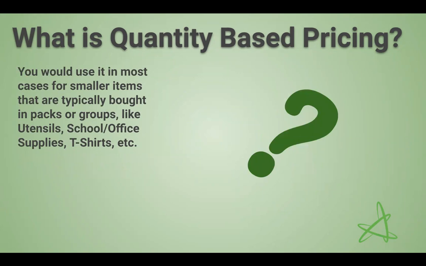And the cases in which you would use it, if you sell, for example, an outdoor grill that costs $500, you're probably not going to offer quantity-based discounts to buy 10 of them.